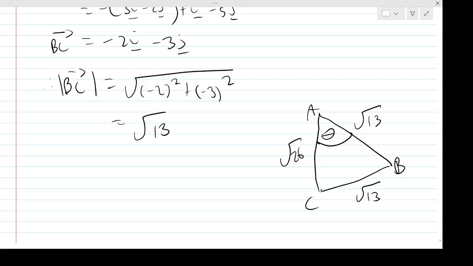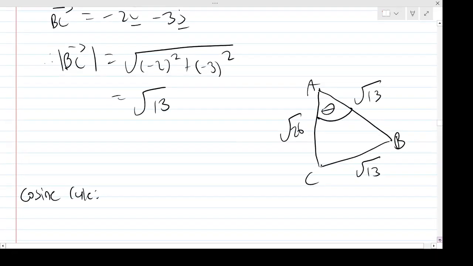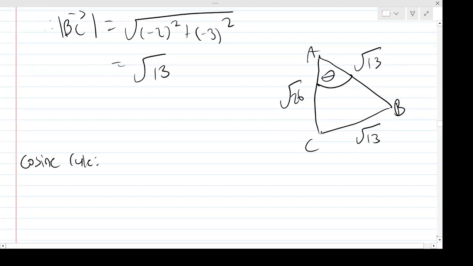So how can I find theta if I've got all three sides? If I have three sides and an angle, that's the cosine rule. So now that's just standard trigonometry. We looked at that in chapter 9, the cosine rule, even from GCSE as well. The angle theta is opposite the side of root 13. So it's going to be root 13 all squared.